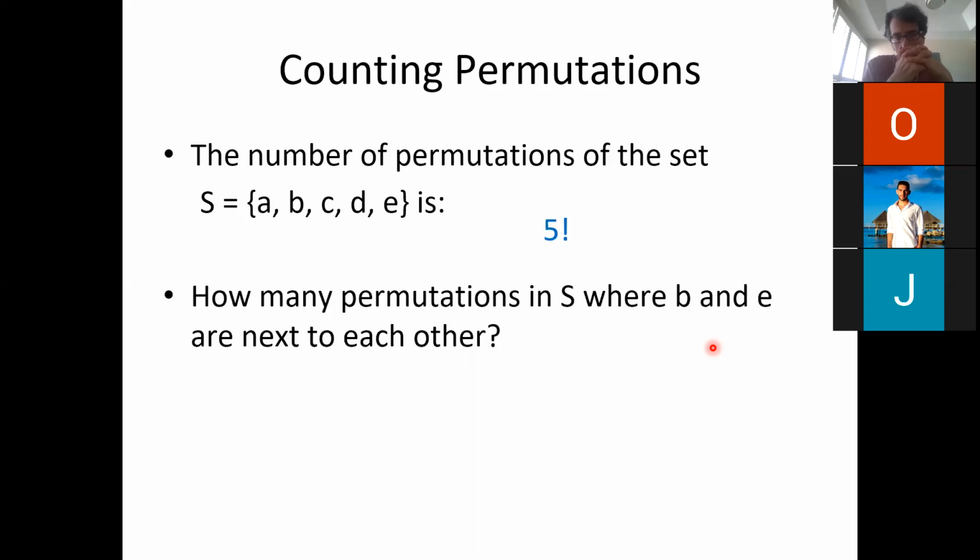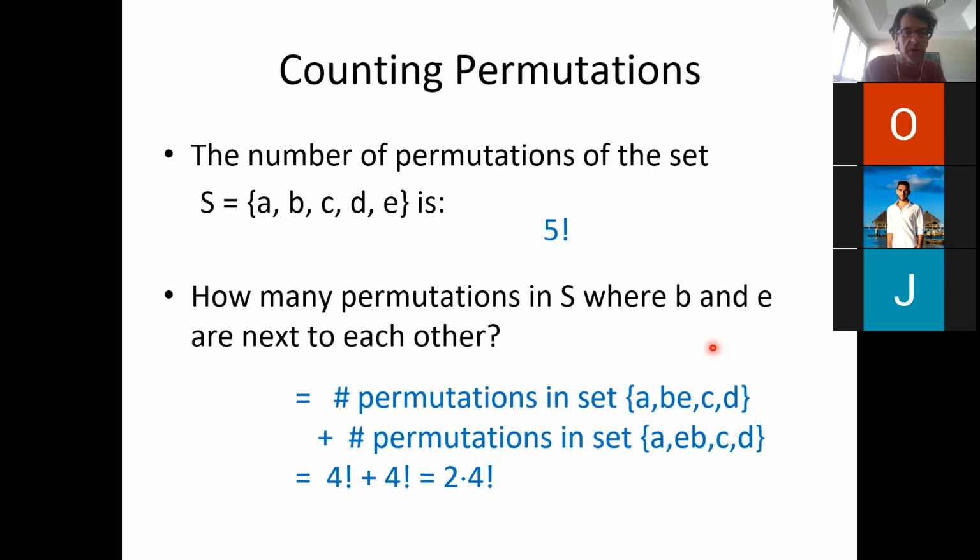Because I can think of B and E as one single element and permute that. That's exactly right. And there are 2 cases, corresponding to BE and EB. Right. And the last bit of freedom is to choose the order of E and B. Exactly. So there will be 2 of these, depending on how you order B and E.